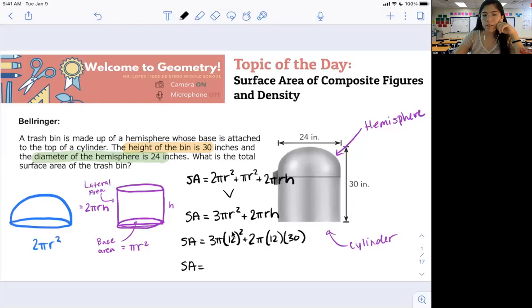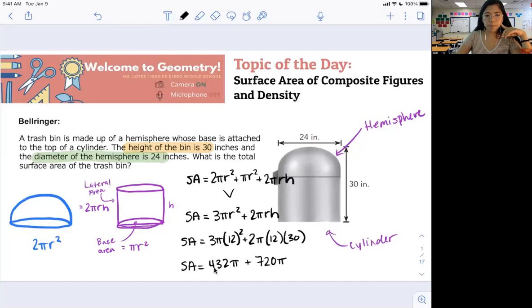All right. So 12 squared, 144, 144 times 3. What do I get here? 432 pi. And then 30 times 12, I get 360. 360 times 2, get 720 pi.